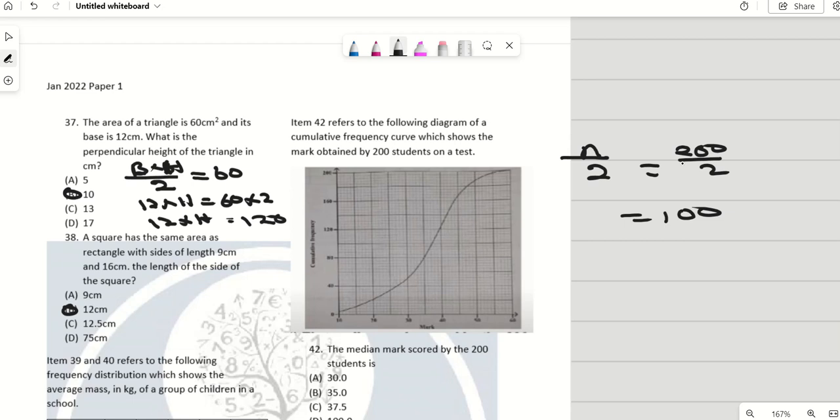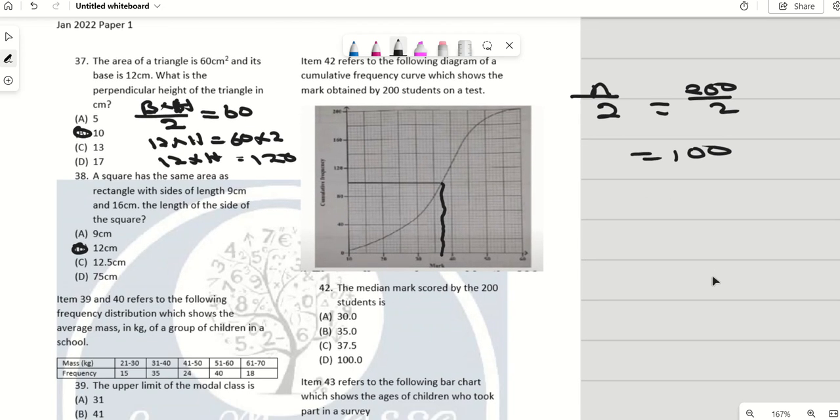So now we know 100 is somewhere here, and if we go down, it is somewhere here, so it's a little bit less than 40. The only one that's a little bit less than 40 is 37.5. We know 35 is actually here. So it would not be 30, it would not be 35, it would be 37.5, which is C.